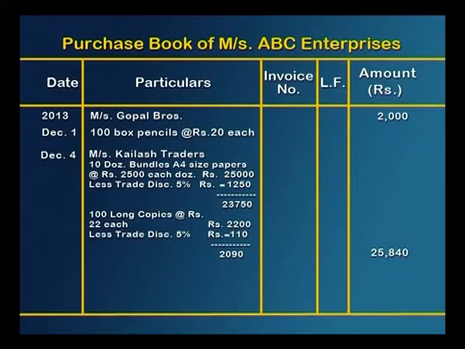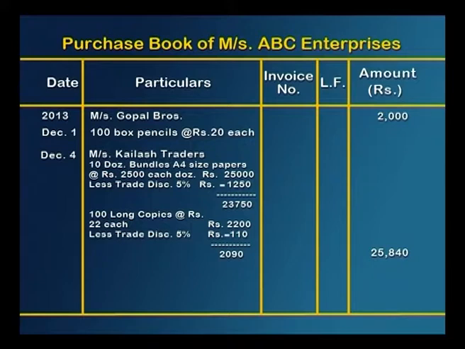As there is trade discount available, the trade discount of 5% of 25,000, that is 1,250 rupees, is deducted, and the net amount of 23,750 is shown in the same column. There is one more item purchased from the same trader, 100 long copies at the rate of 22 each, making 2,200 rupees gross amount, deducted for 5% trade discount, 110 deducted, and 2090 is the net amount.